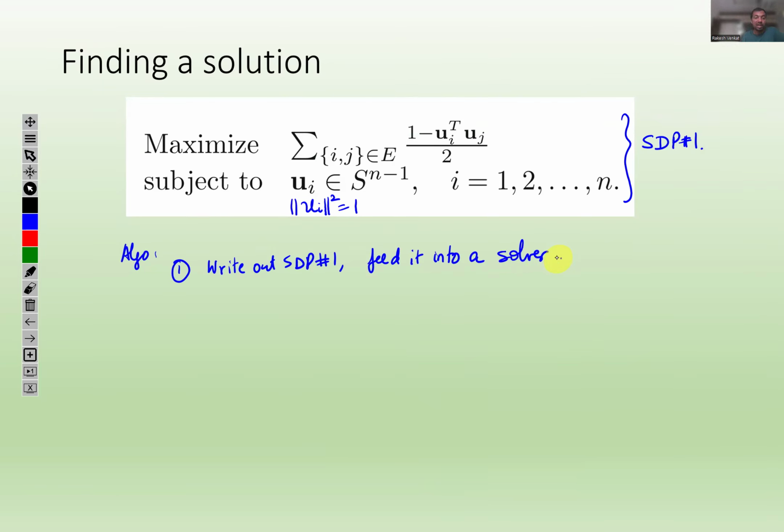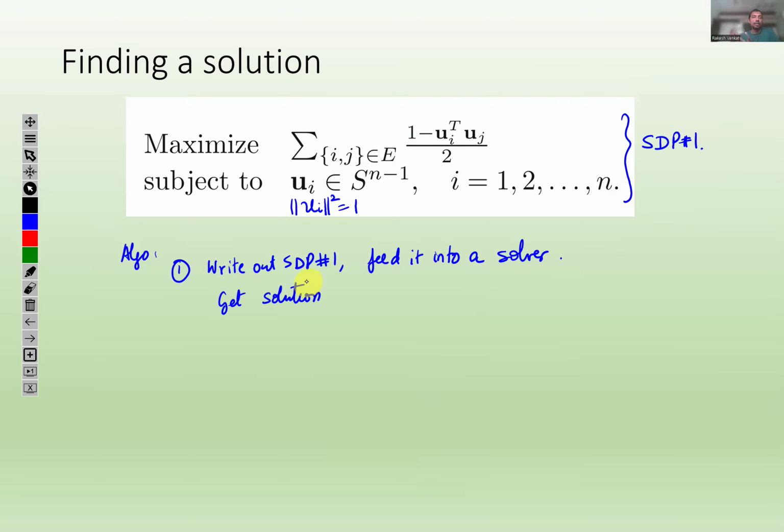Right? It will spit out a close to optimal solution. Let us just assume it will spit out an optimal solution to the SDP. Okay. And the solution takes the form of these n vectors on the surface of the unit sphere arranged in some n-dimensional space.